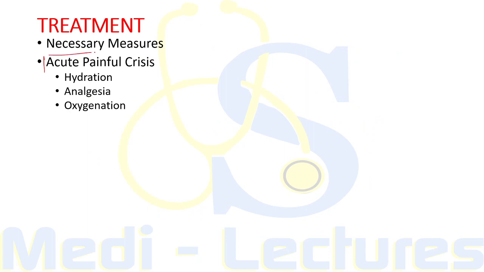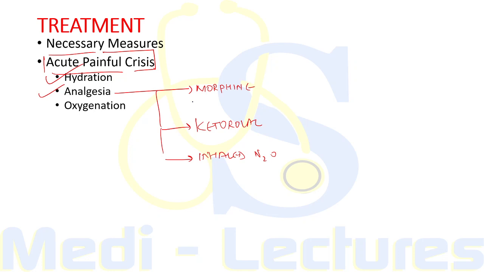Now, the treatment of acute painful crisis involves vigorous but careful hydration and analgesia, which should be aggressive. The drugs which can be used for analgesia are morphine and ketorolac. Morphine is given for severe pain in the dose of 0.1 to 0.15 milligram per kg, and it has to be given every 3 to 4 hours.